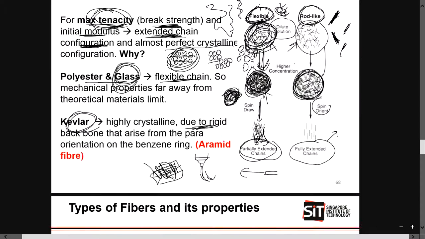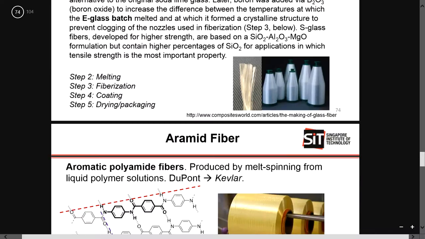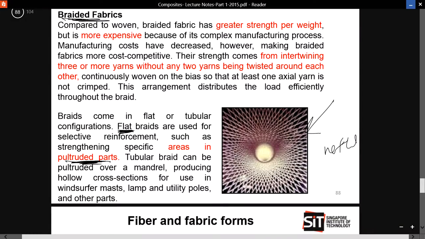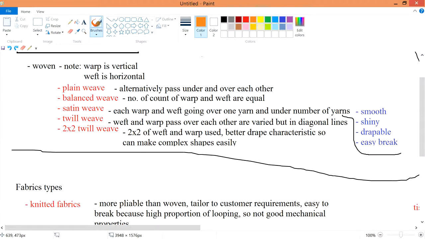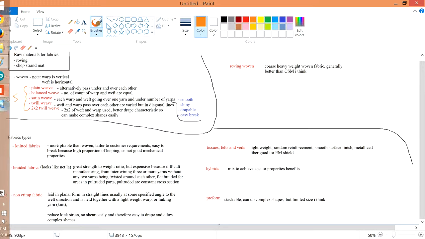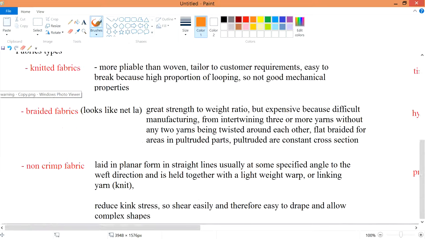So I think glass fibers are the ones used to create your weavings, I guess. I don't know. Generally there are 5 types of weave, and then there will also be different types of fabrics. You can just take a look for yourself, read it up.